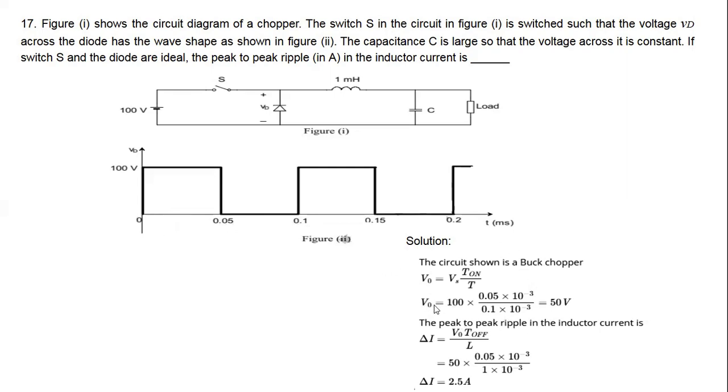So we can obtain V naught as 100 into 0.05 into 10 power minus 3 divided by 0.1 into 10 power minus 3, which is equal to 50 volts.